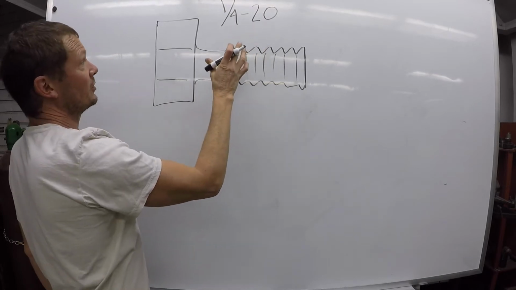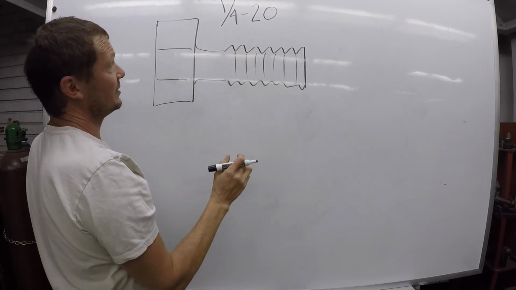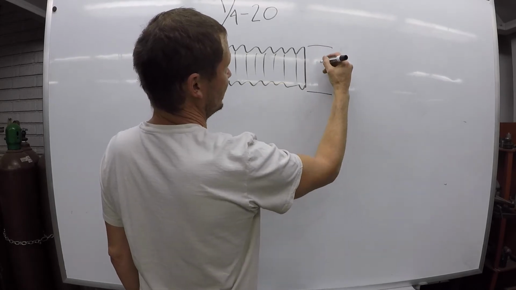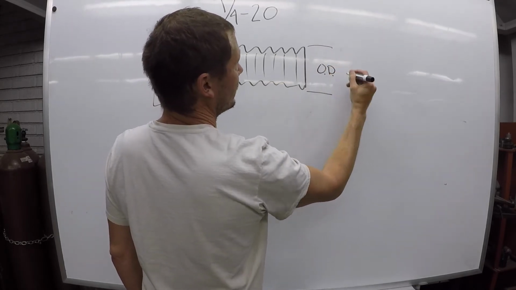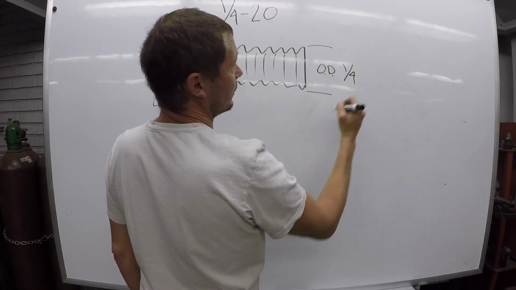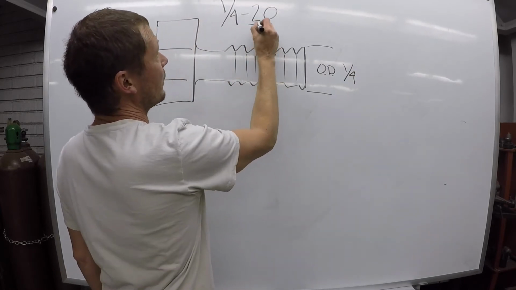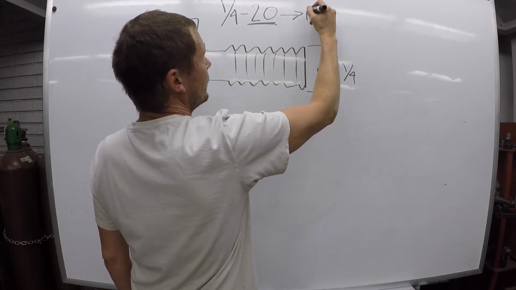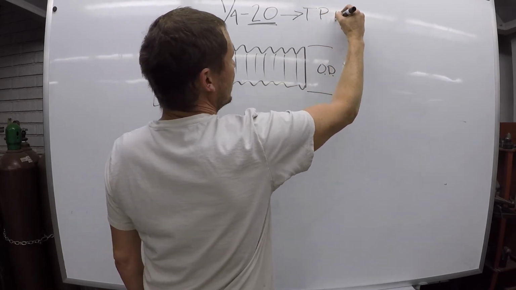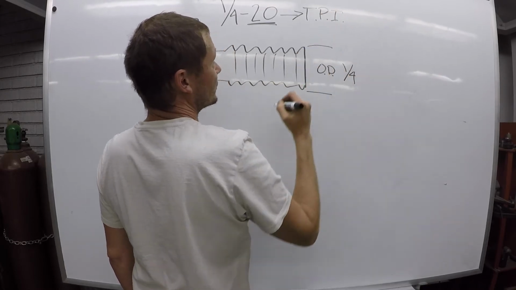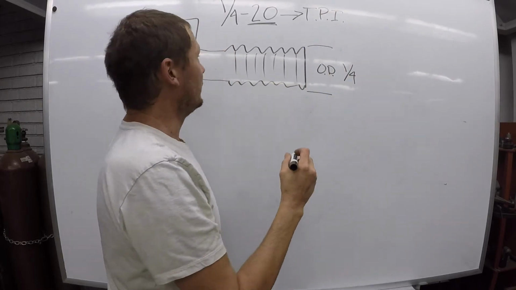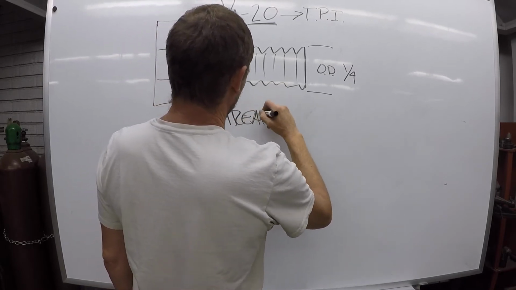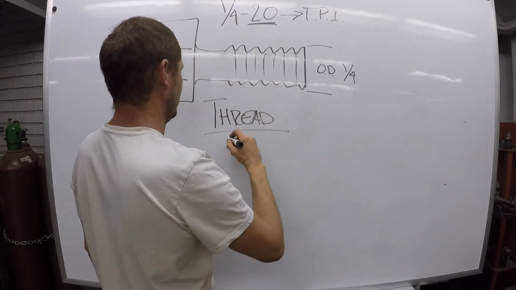First of all, the 1/4 inch is giving us the OD of the threads. So I'm going to write OD, 1/4. This 20 right here stands for TPI. Any guesses? That is threads per inch.